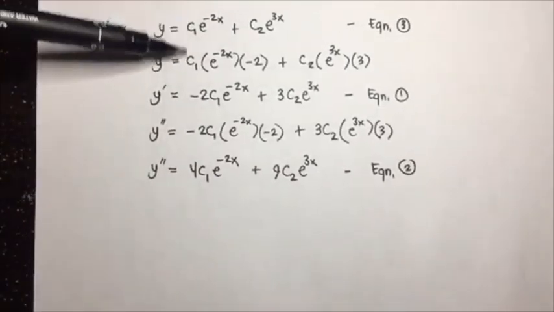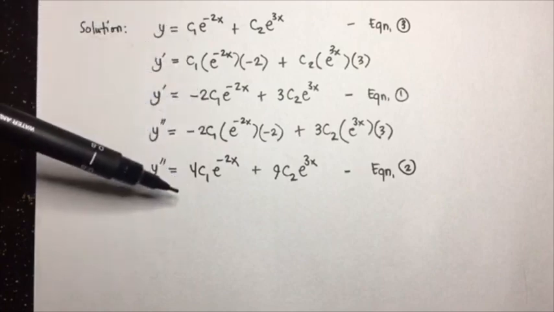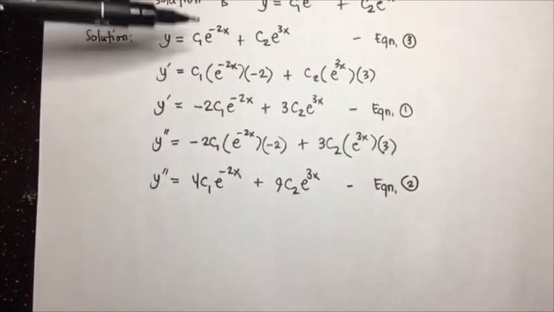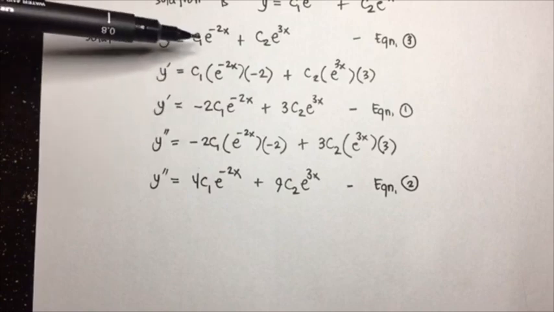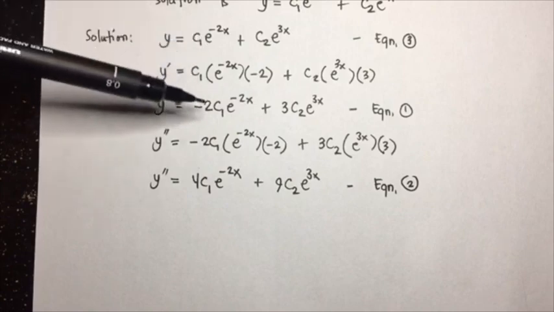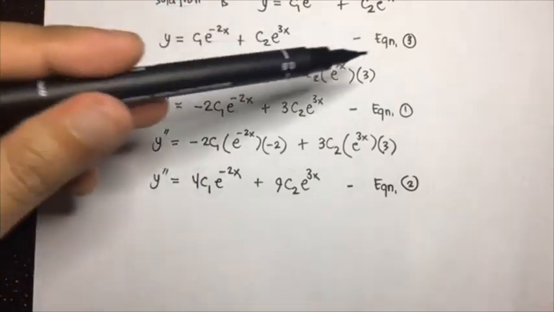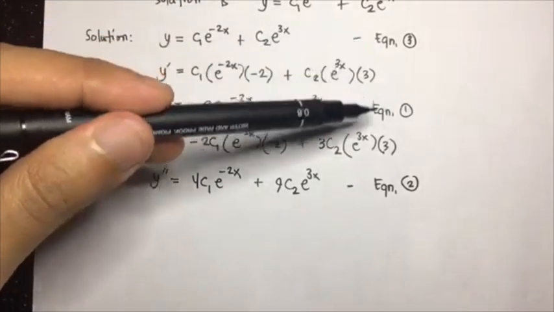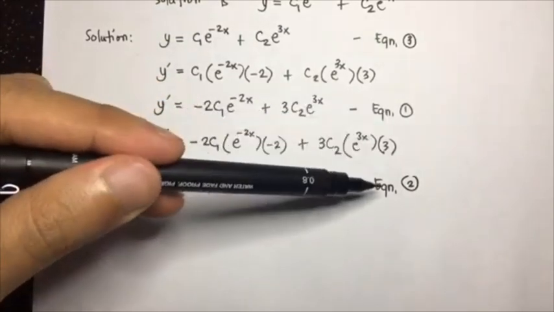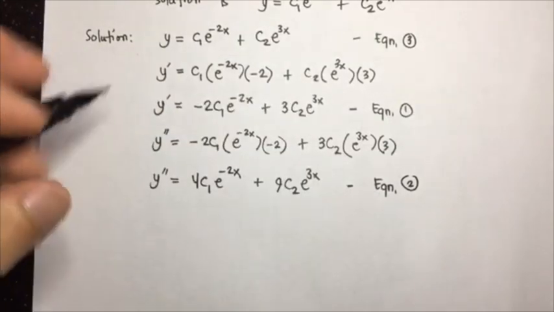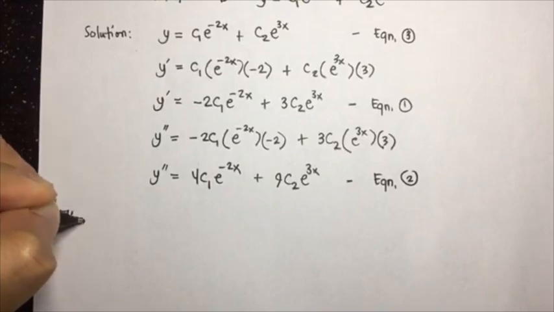One by one, we will eliminate either C1 or C2. It's up to us to decide what variable we eliminate first. If you want to start with eliminating C1, then you can do that. Eliminate C1 from equations 3 and 1, and then eliminate also C1 from equations 1 and 2. Let's say we want to eliminate C1 first.